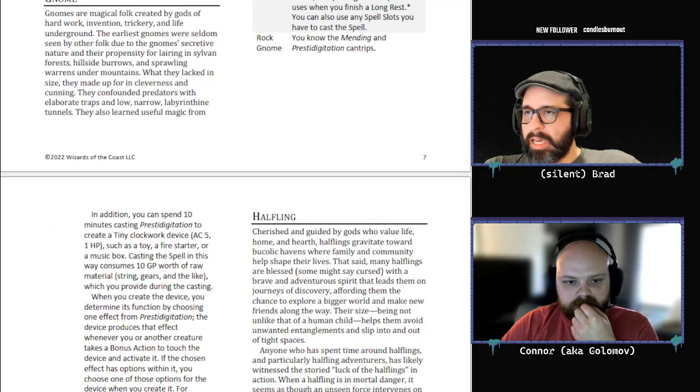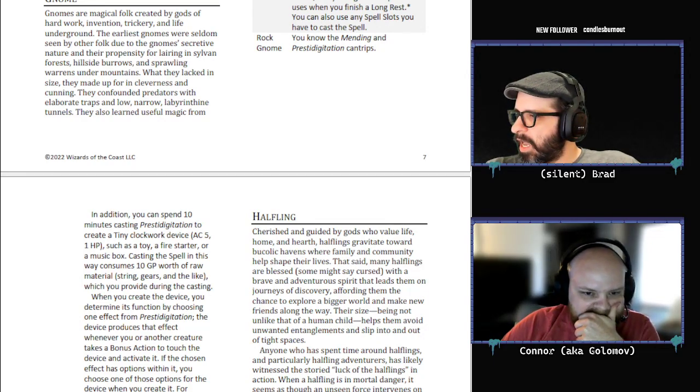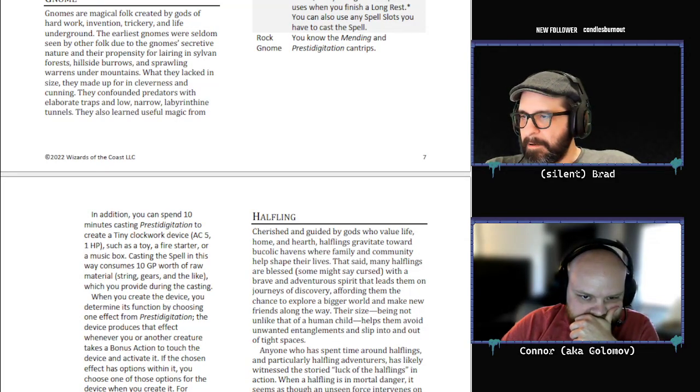Rock gnomes get Mending and Prestidigitation, and if they spend 10 minutes casting Prestidigitation, they can make a tiny clockwork device, which is slightly different from what they had before. They just used artisan's tools to do that.